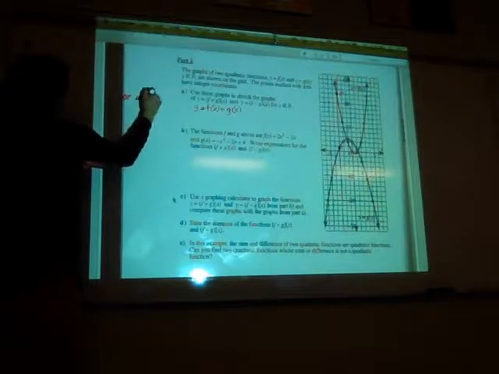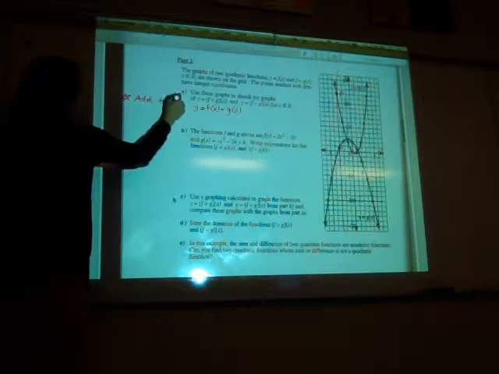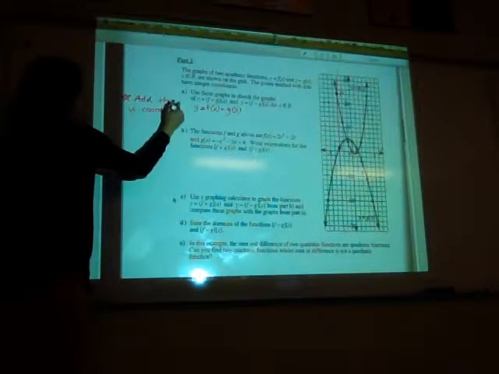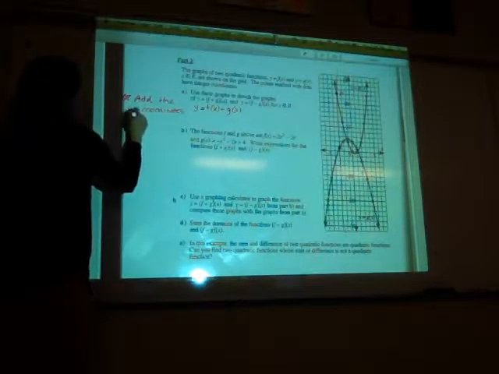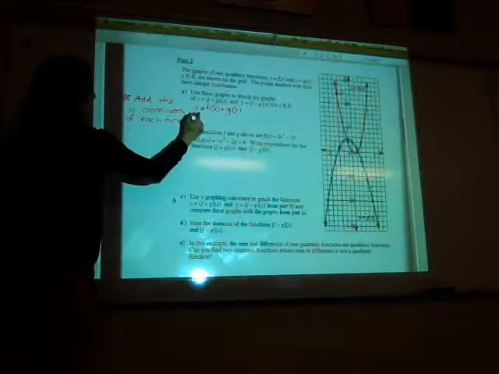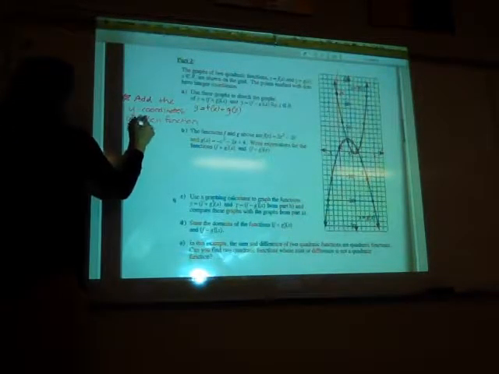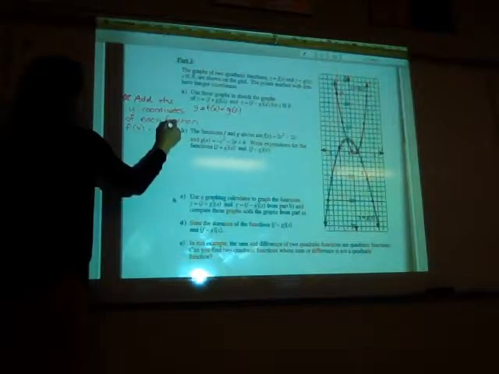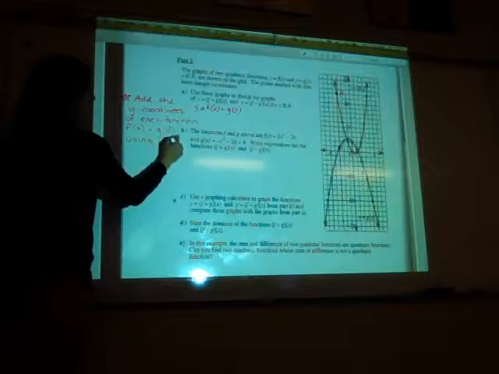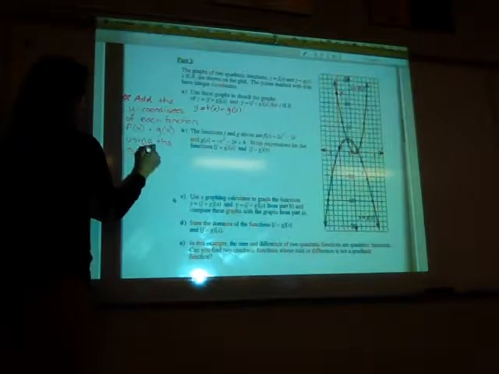I'll just write a little side note: add the y coordinates of each function, f of x plus g of x, using the same x coordinate.